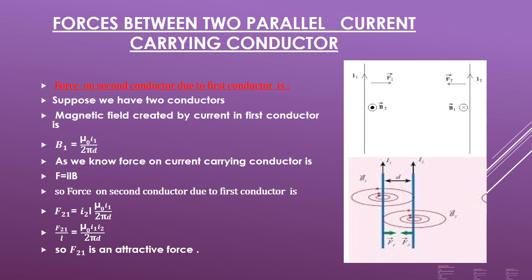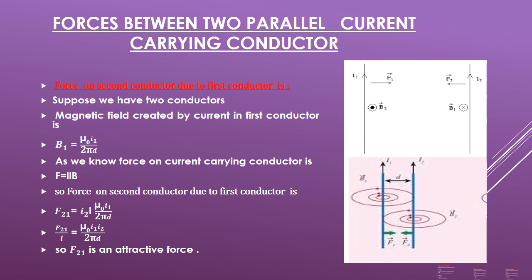The question also arises why there will be a force. If a current carrying conductor is placed in a magnetic field, it experiences a force. We have already discussed in previous lectures, the force is always normal to it. The whole conductor will try to move perpendicular to its direction.